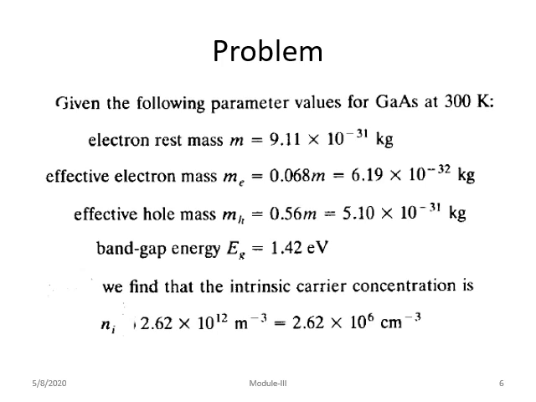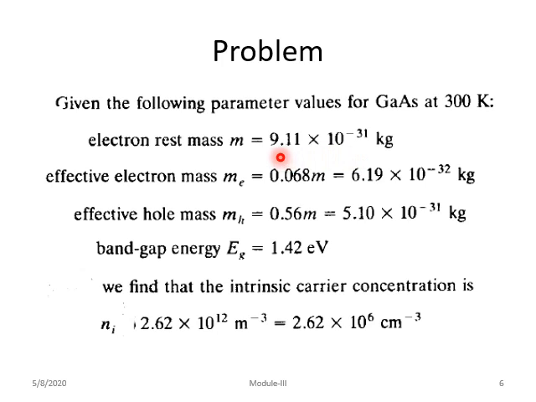With respect to this equation, we are going to discuss one problem. The parameters are given for gallium arsenide at temperature T = 300 Kelvin.